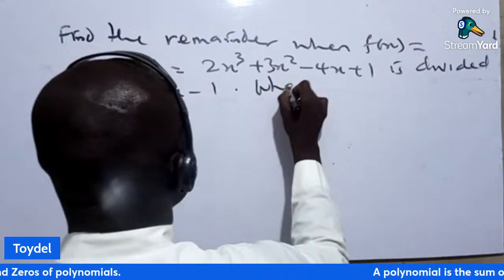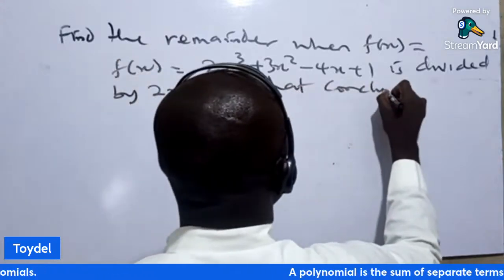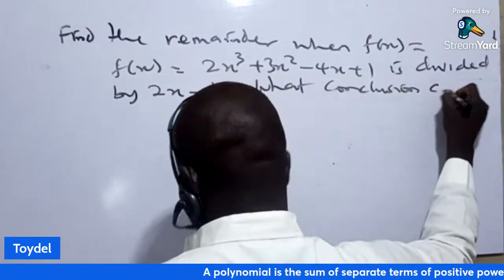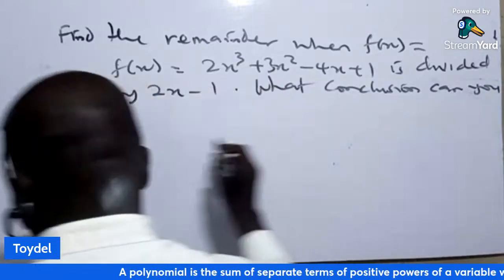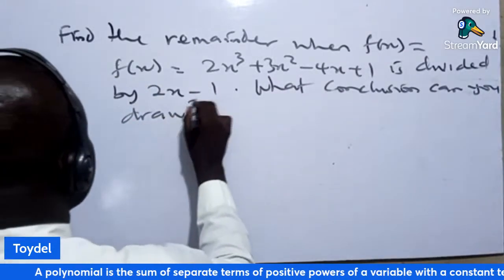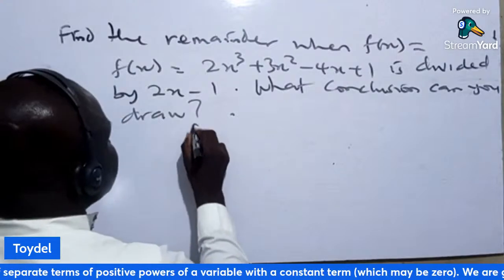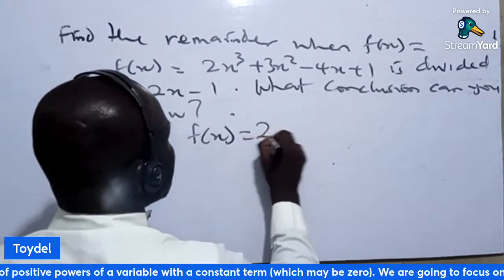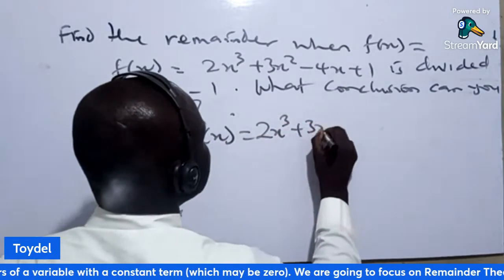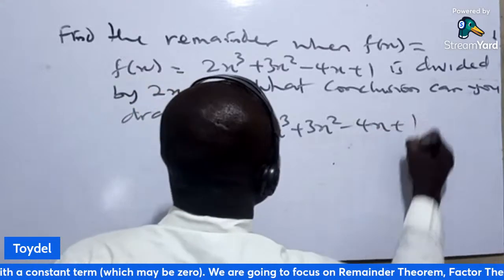So what conclusion can you draw? In this case, what are we given? We are given f of x, which is the polynomial, as 2x cubed plus 3x squared minus 4x plus 1.